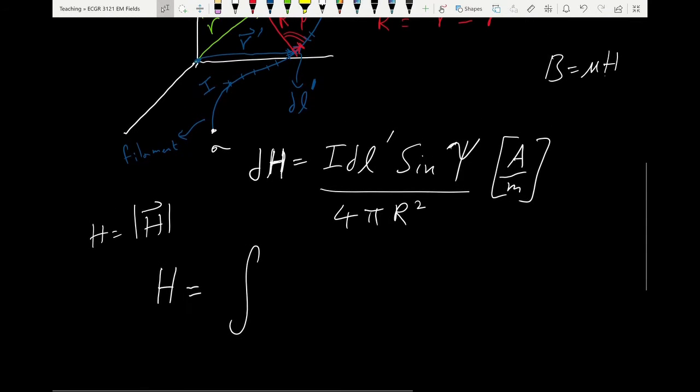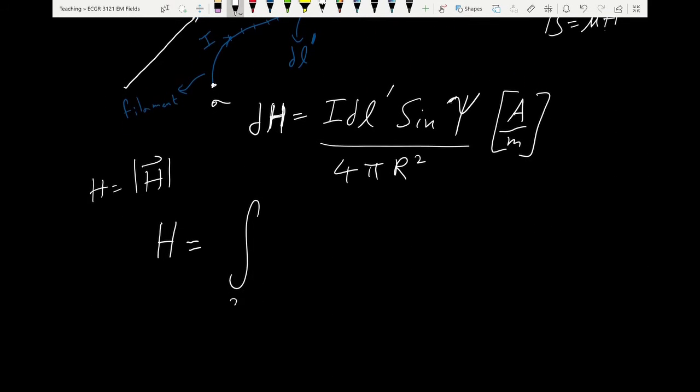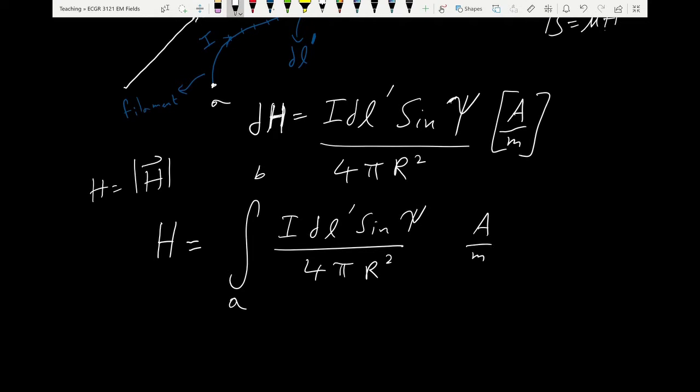But assuming that the wire starts at point A and ends at point B, we get the magnitude of the magnetic field intensity to be the integral of I dl prime sine lambda over 4 pi r squared, amperes per meter.